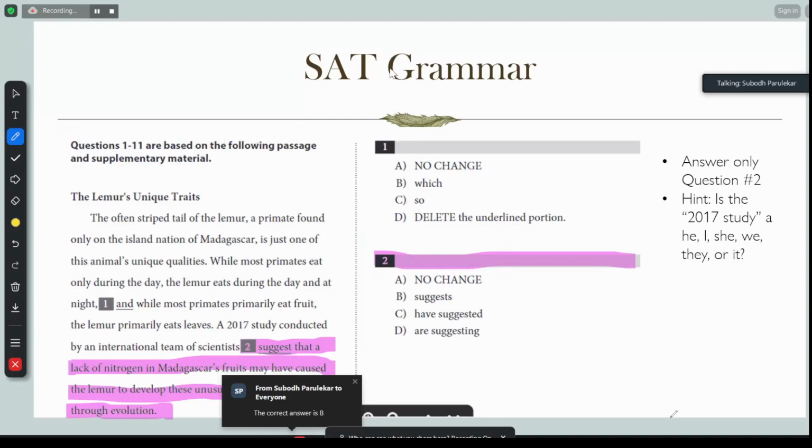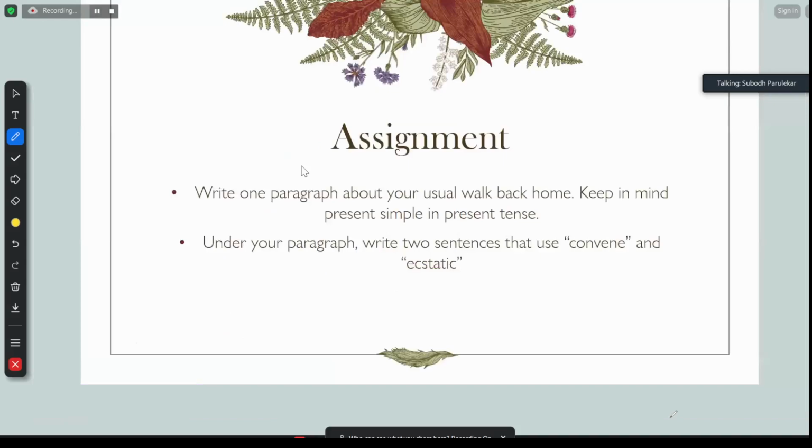All right, so that is it for learning today. Now we are going to move on to the next part, which is the assignment. This is your assignment until our next meeting.